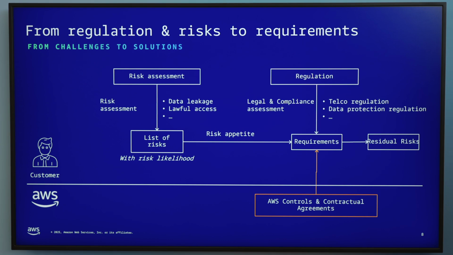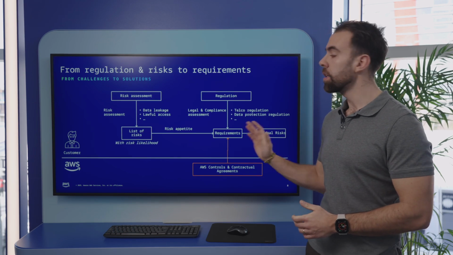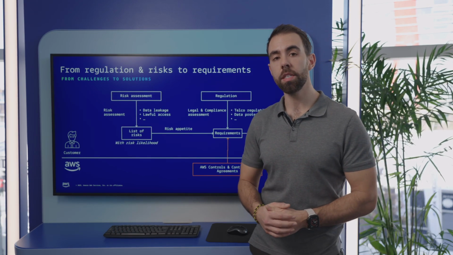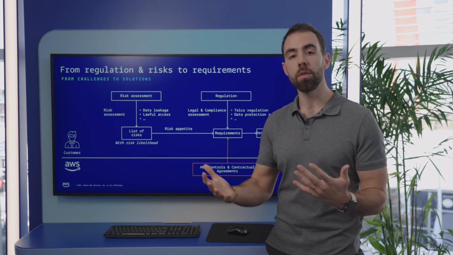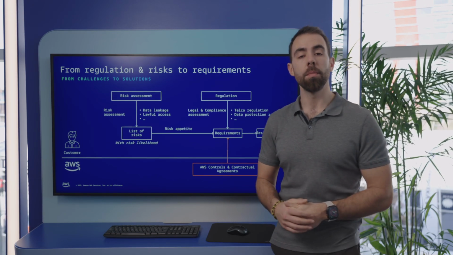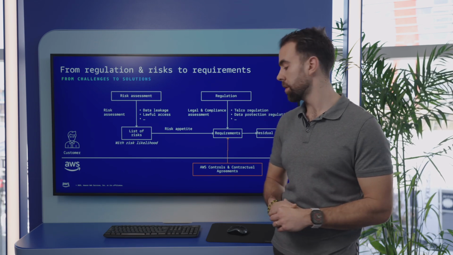And based on that, we have a set of requirements that we can then feed in with our AWS technical controls that I've just mentioned, as well as any contractual agreements to work through to understand what their residual risk would look like. And then again, based on their residual risk, we can then define any additional technical controls that can help them get to a comfortable place for them to migrate some of their regulated and highly sensitive workloads into AWS.